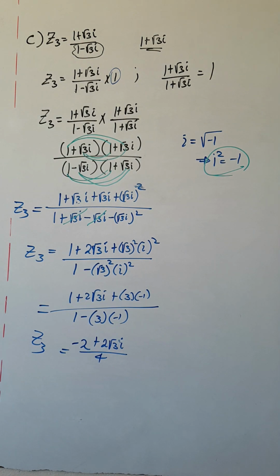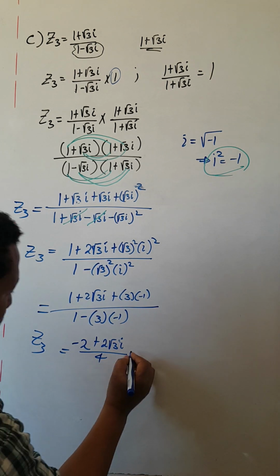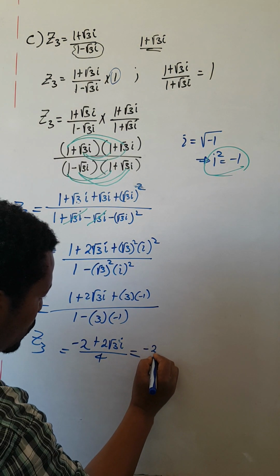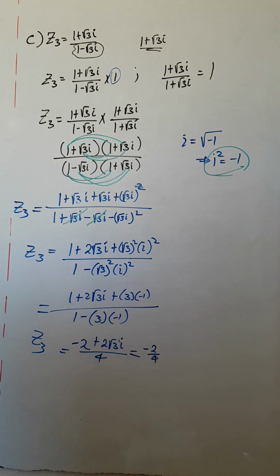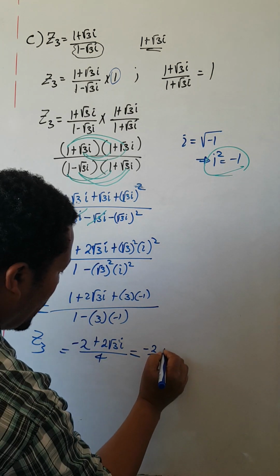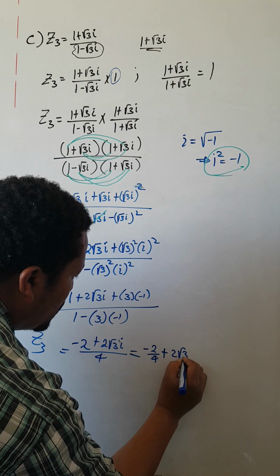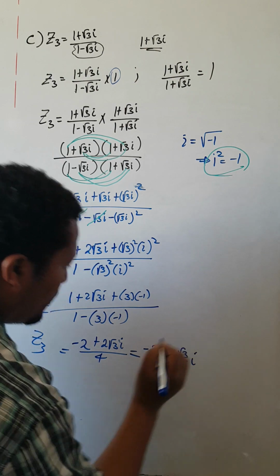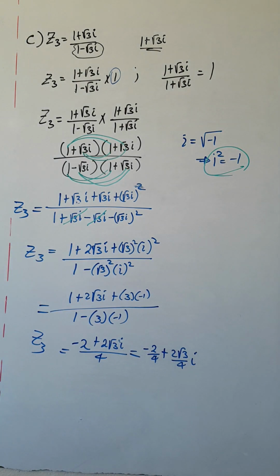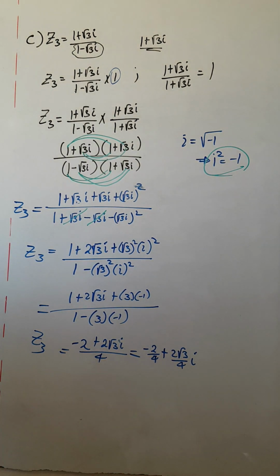Now this is to find the modulus. Now Z3 can be expressed as negative 2 over 4 plus (2√3 over 4)i. Z3 can be split into real part and imaginary part.